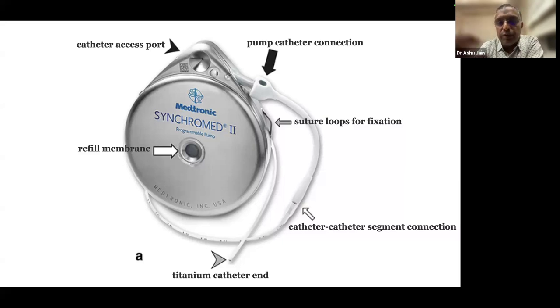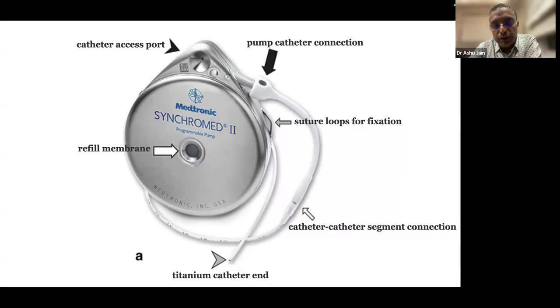And while you are fixing your pump into the pocket, the catheter that you wind around, it is a long catheter, you should not cut that. It should not come in front of the pump, as I was explaining, because when you are doing the puncture, if it is in front of the pump, you can go through the catheter, and you can end up with pump failure.